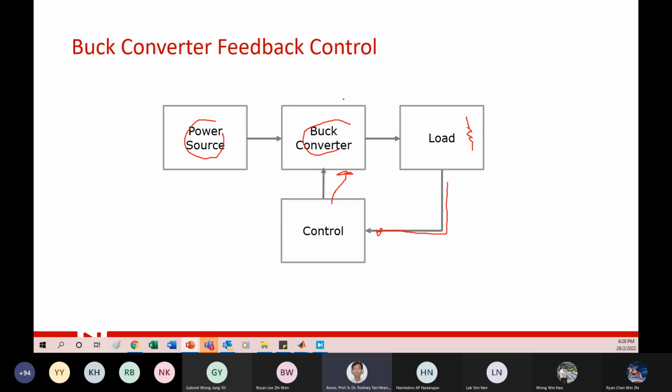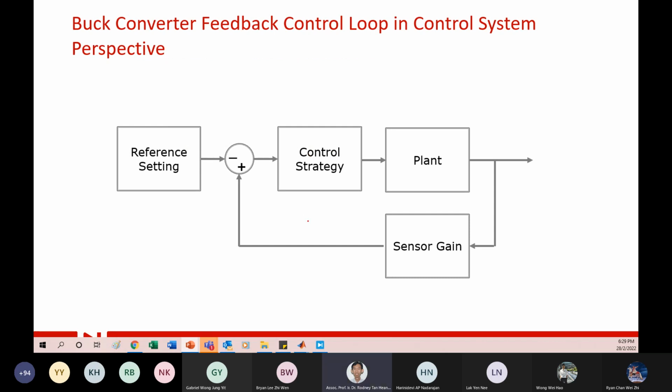Okay, so the buck converter topology you already know, very important. You have to remember how to draw it. And then of course now we move to the control part. Again, like I said, it's a closed loop control. This is what you have learned in your control class, right? The plant will be your buck converter topology.